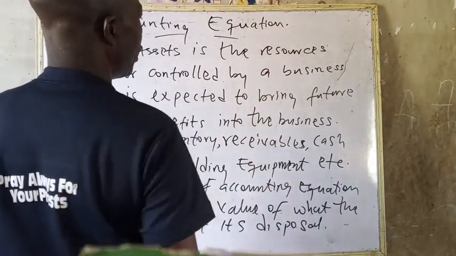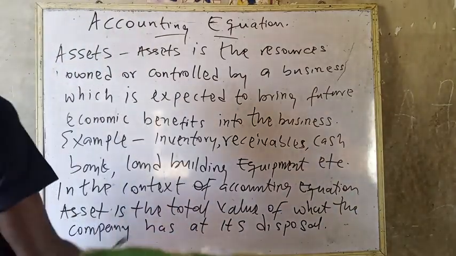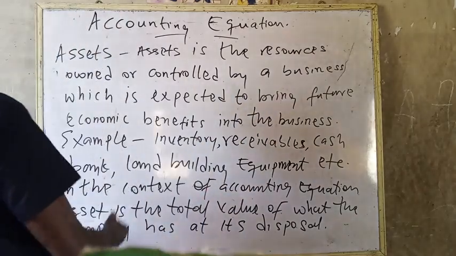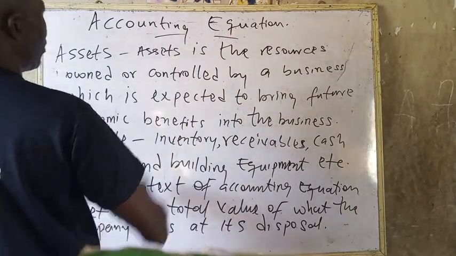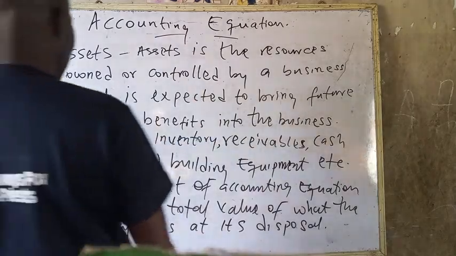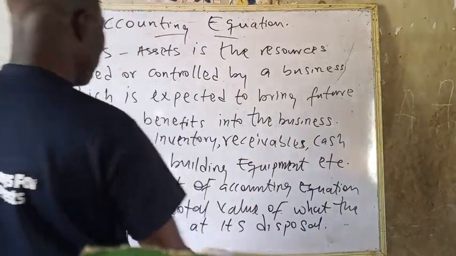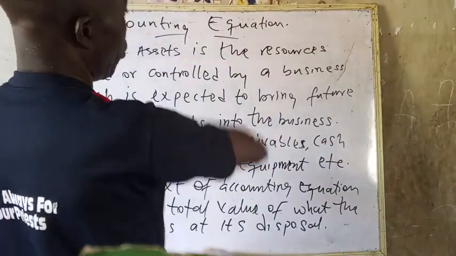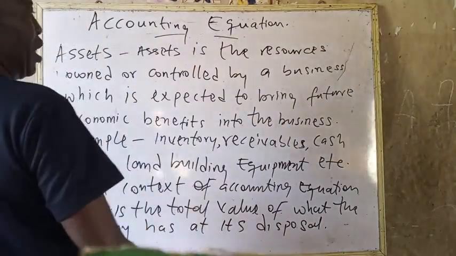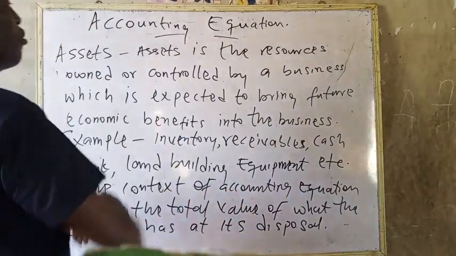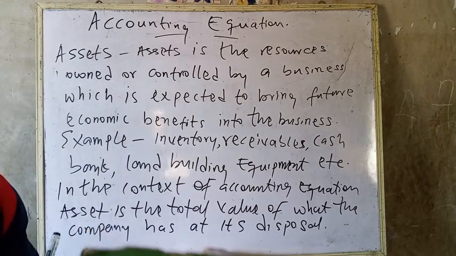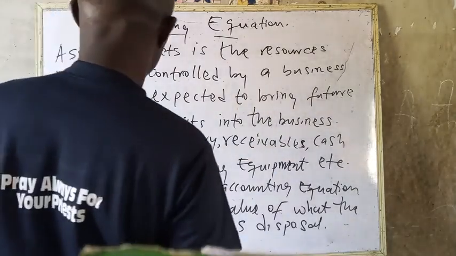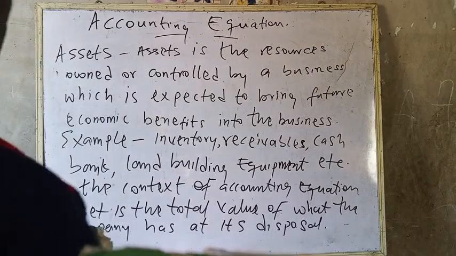Receivables, which is debtors. Then cash, bank, land, building, equipment, etc. Then if we are talking about the equation itself, asset is the total value of what the company has at its disposal. The total value of what it has, both the capital and the liability, all added together. That is what the business has at its disposal. So that is an asset.